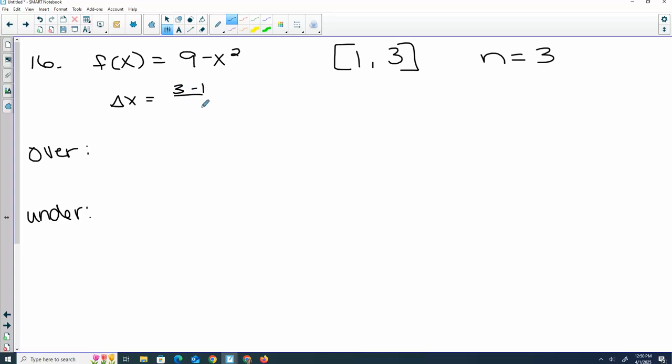3 minus 1 over, what's my n? 3. My change in x is 2/3. So on both of these, we will be multiplying by 2/3 because we're adding up the rectangles, length times width. And I'm adding 3 things in here.